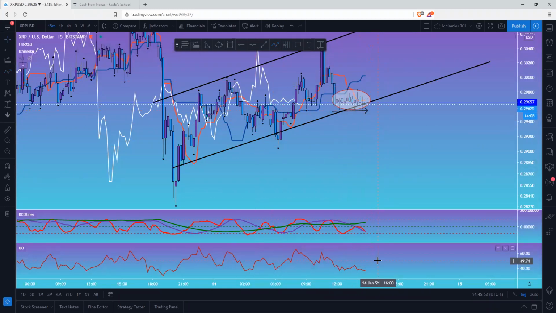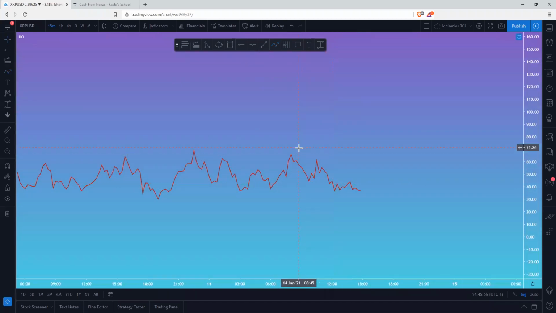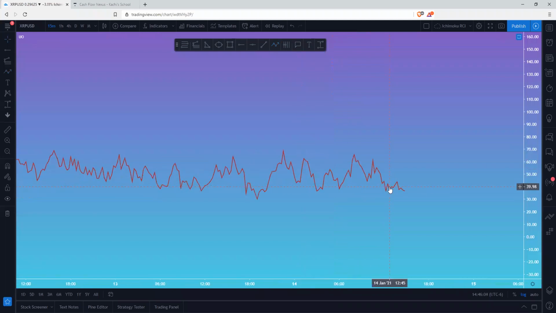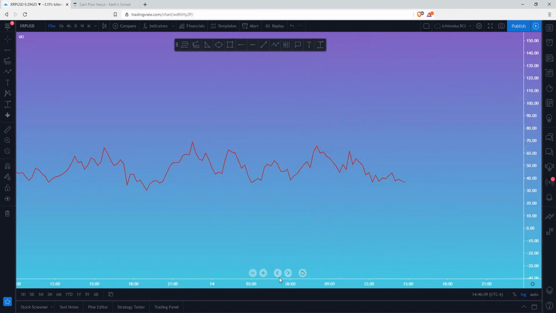If we look at the ultimate oscillator, what is it doing here? I wouldn't say consolidating. Really pay attention to what it's doing. Let me draw this out for you.